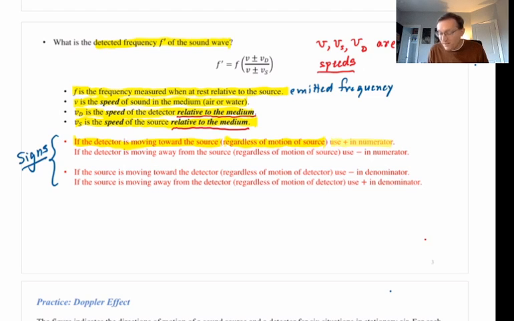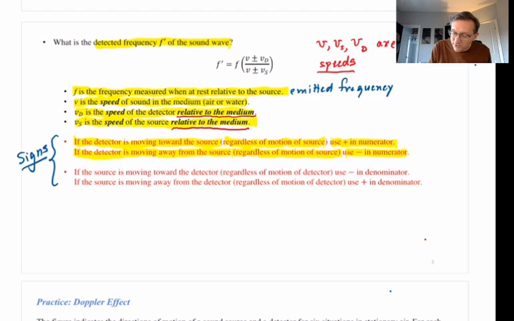Well, that would be the plus sign. Conversely, if the detector is moving away from the source, regardless of the motion of the source, motion away wants the frequency to go down, so pick the sign in the numerator to make the frequency less, so pick the minus sign.